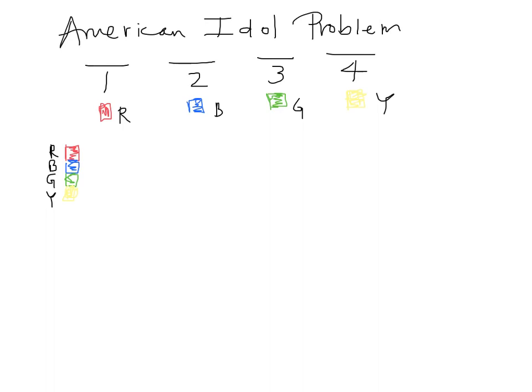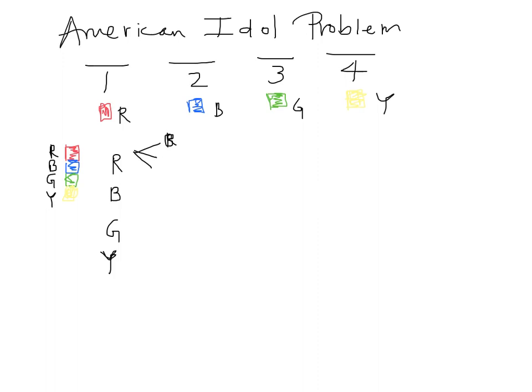You could make a tree diagram here. Again, you could start with red, blue, green, yellow, and then for the second slot, you wouldn't have red, red, because the person can't go first and second.